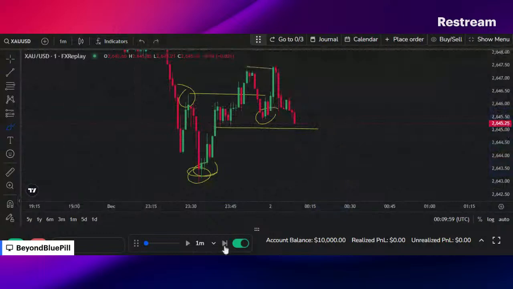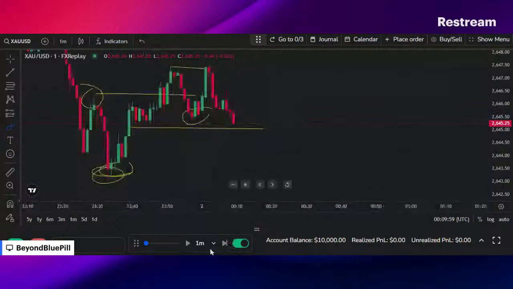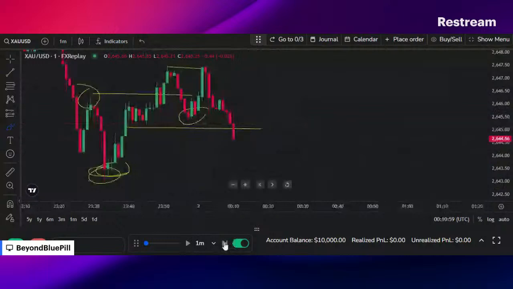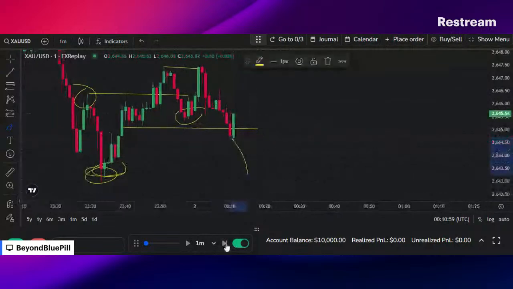Let's see. Nice. So it can go straight there. Okay. We had our first time.